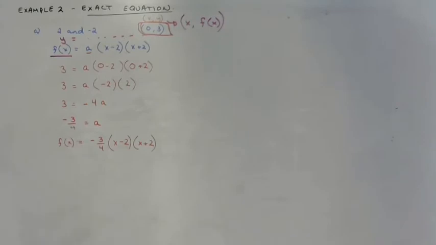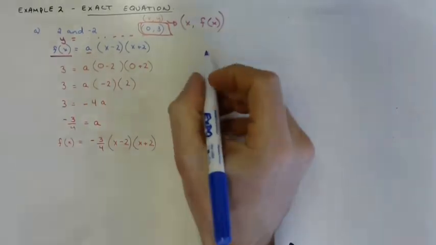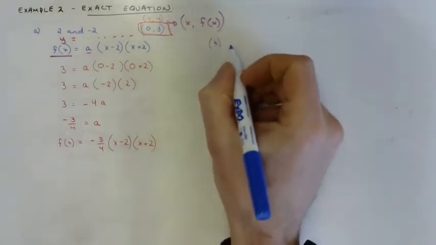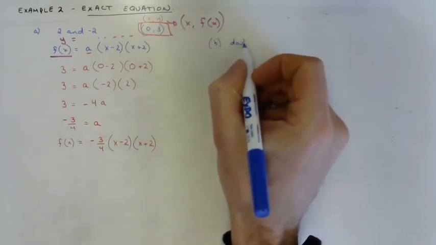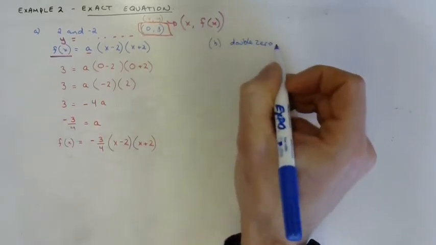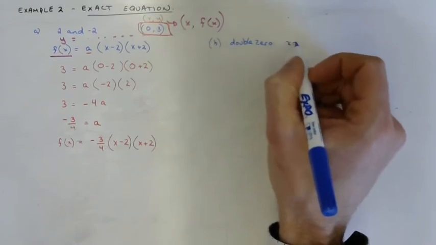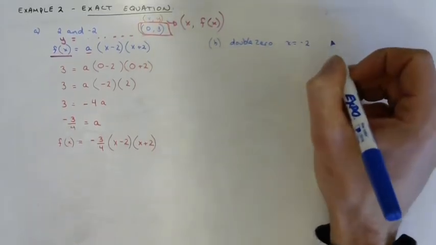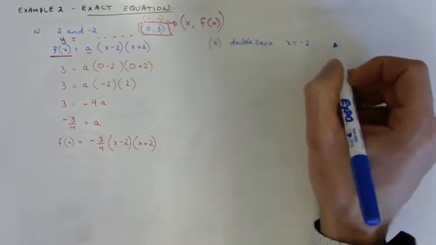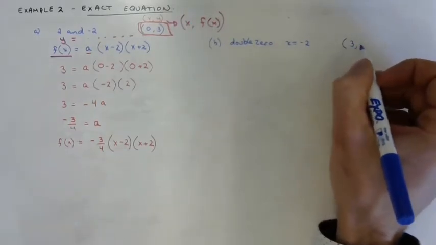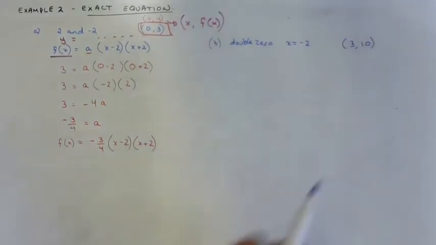Second one, b. b says we have a double zero at x equals negative 2, and it says containing the point, or goes through the point, (3, 10). Okay, what does a double zero mean?